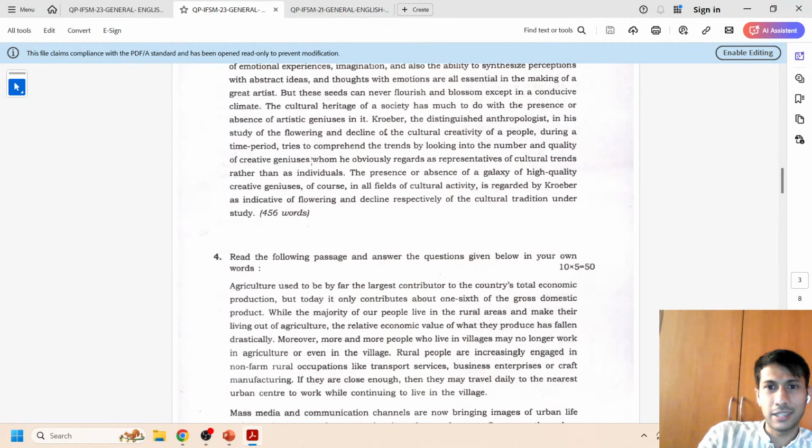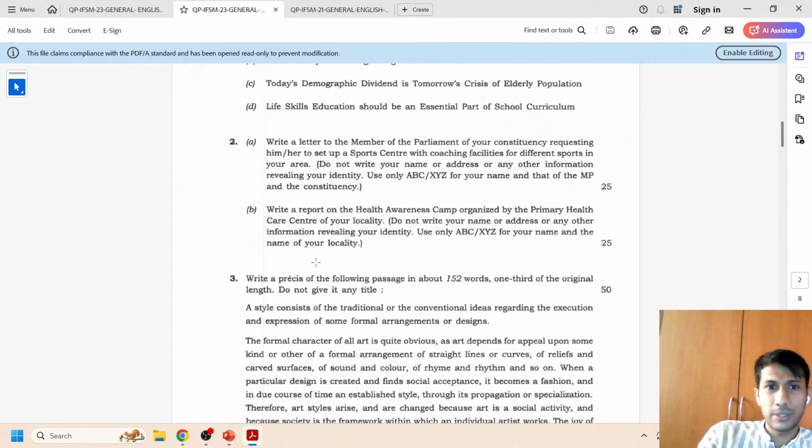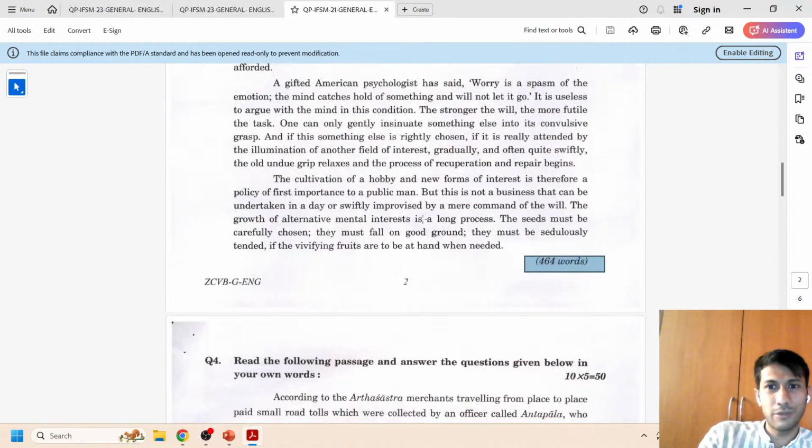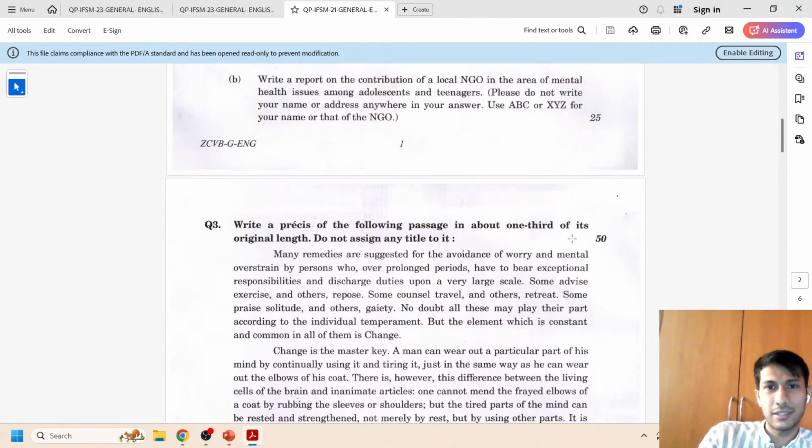I totally forgot they give the words. So here they have given 456 words. They have done the job for you. So divide it by 3, and that is your word limit, plus or minus 10. If it is 160 that is coming, you can go up to 170 or 150, not more than that.